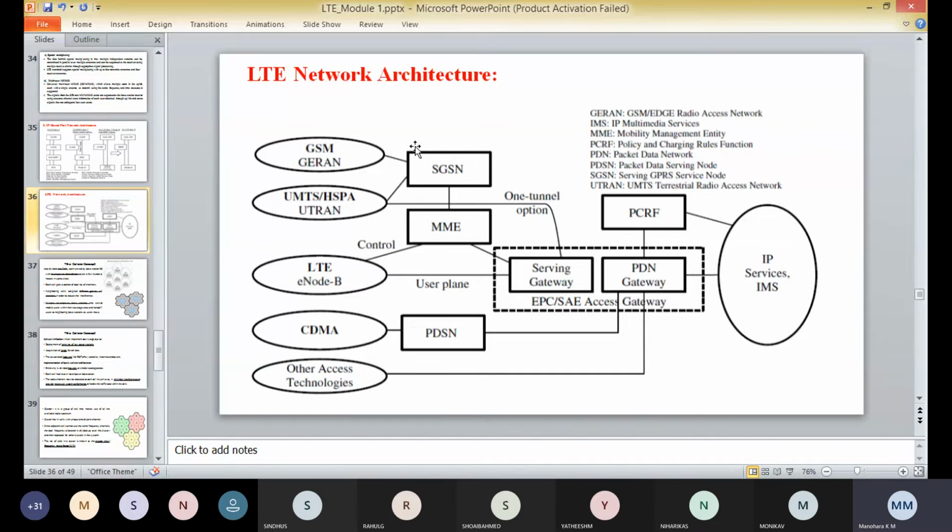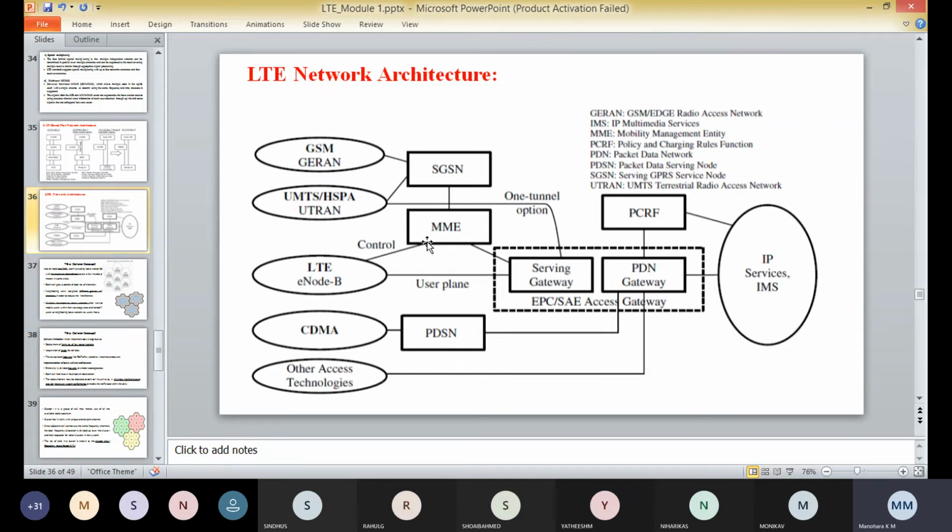Third, the mobility management entity supports the user equipment context and identity, as well as authenticates and authorizes users. And the policy and charging rules function manages the QoS aspects. So this figure shows the end-to-end architecture, including how the EPC supports LTE as well as the current and legacy radio access networks.